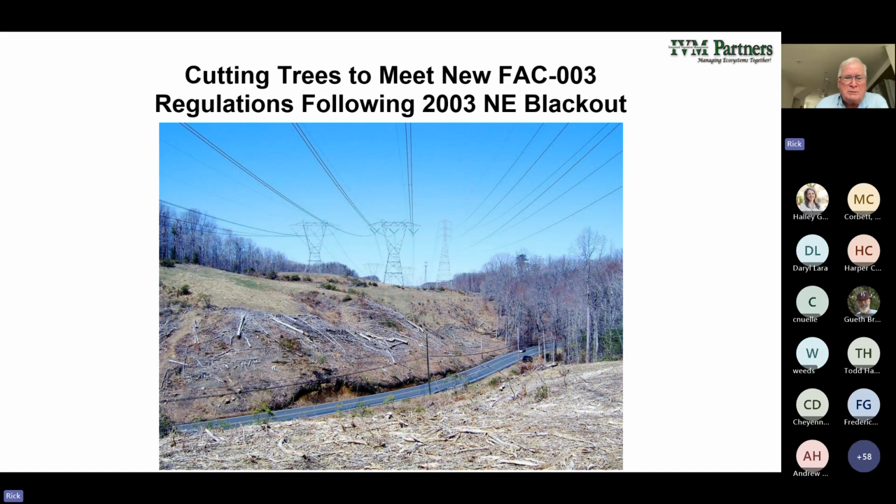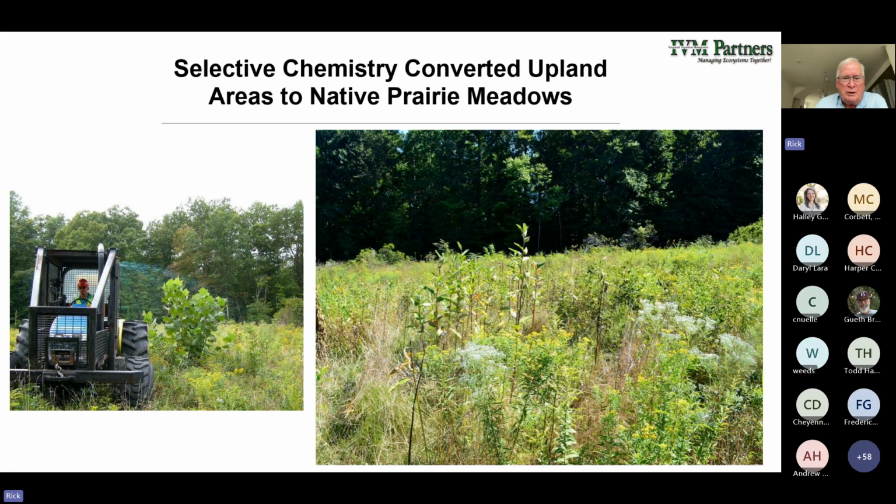He said, "But could you help us manage now?" So at their request, we came in and we did broadcast treatments on the upland areas with herbicides that would take out the trees and release the native prairie, which you see in the picture on the right. There's milkweed and there's goldenrod.